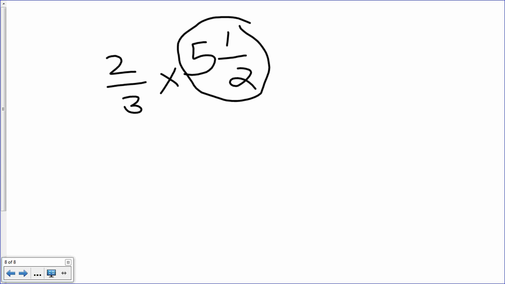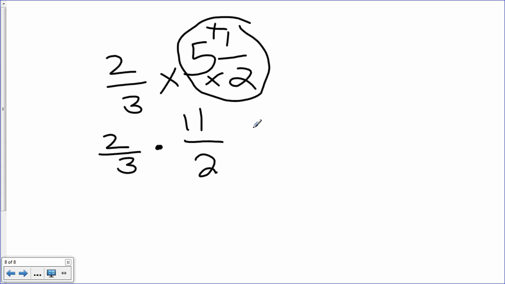So remember, we have to multiply here, and then we have to add here. So now I will have 2/3 times 5 times 2 is 10 plus 1 is 11, and I keep my same denominator.